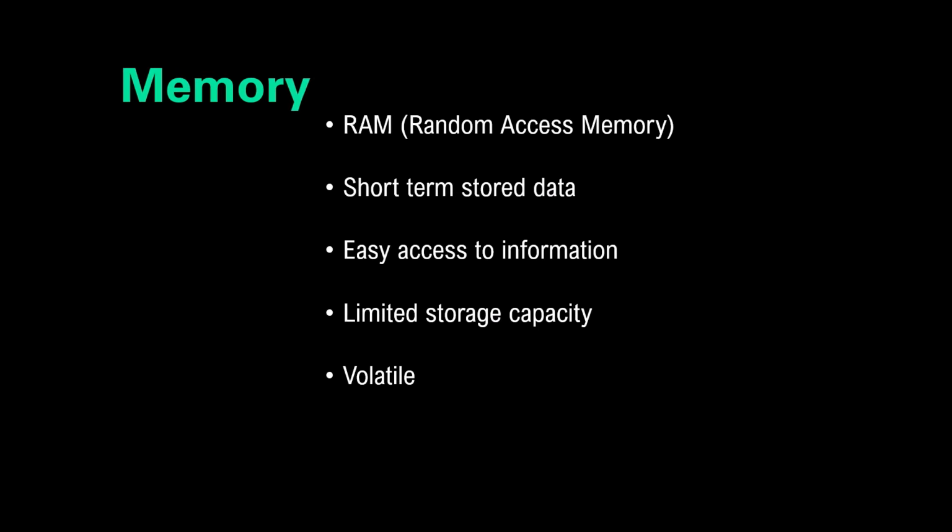But technically, if something is stored purely in memory, you can't get it back if the machine crashes. And this is what this characteristic is called: being volatile. Essentially, it means it's not permanent.